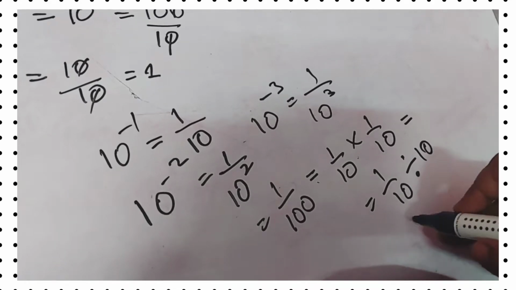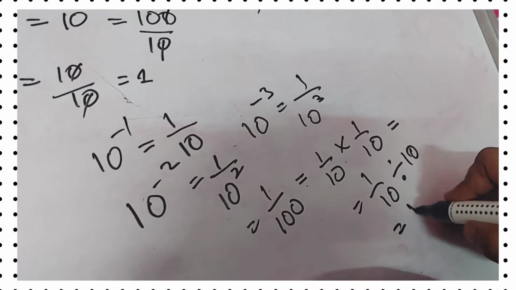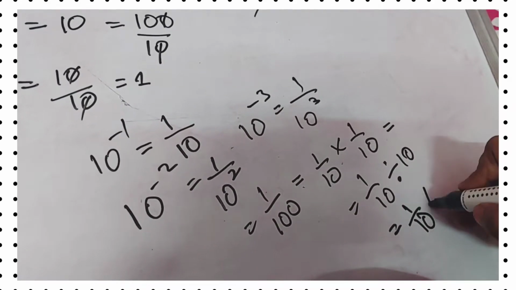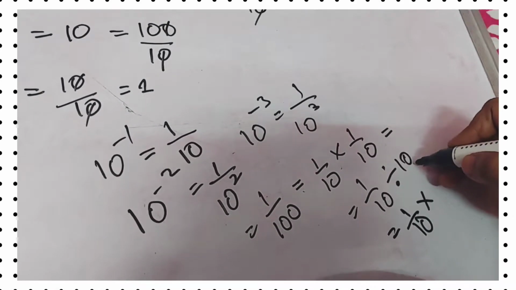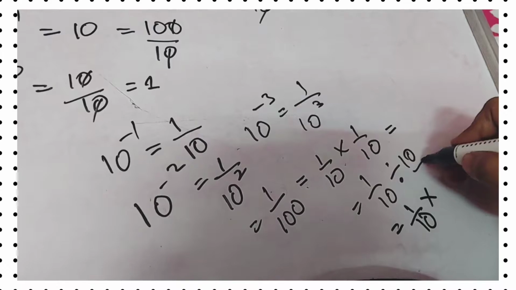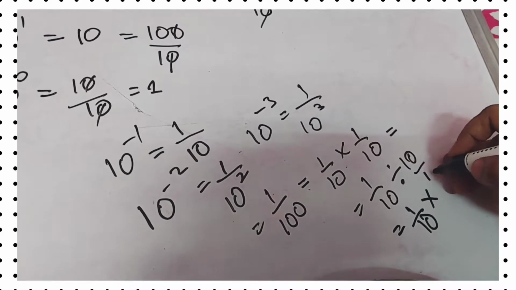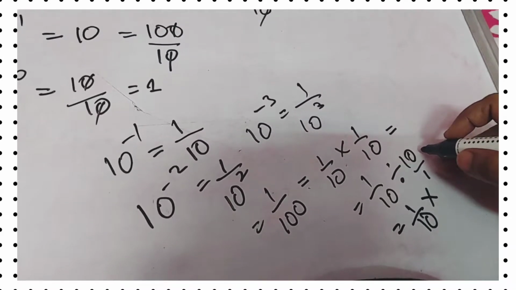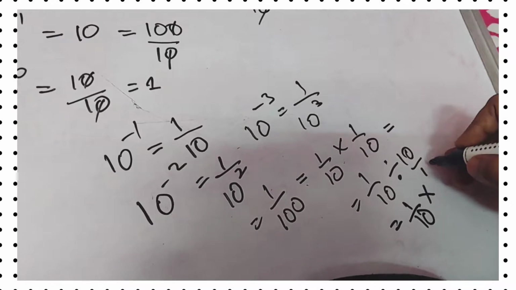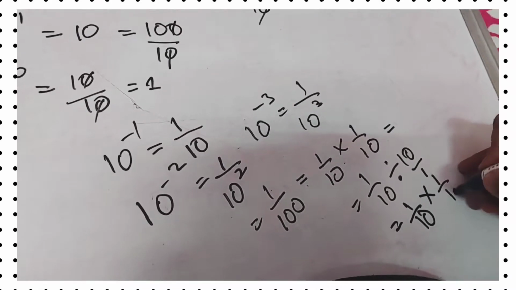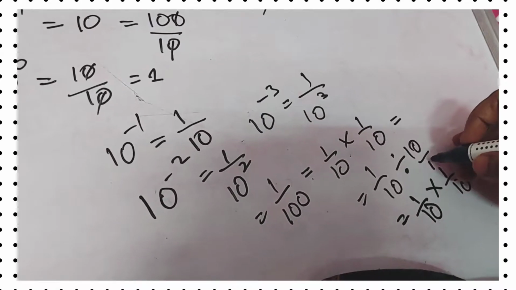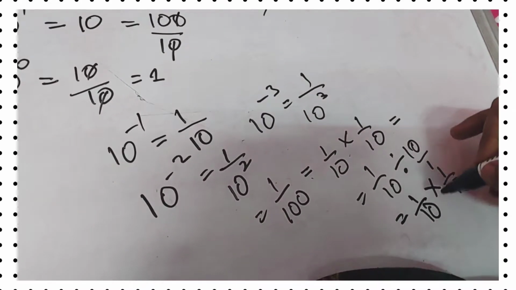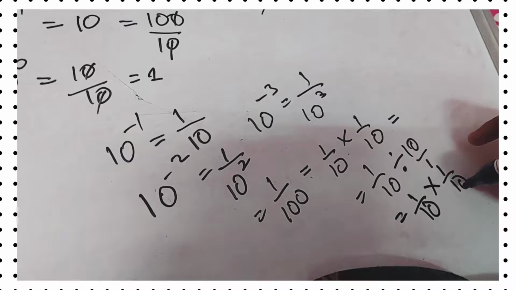You know how to do division in fractions. 1 by 10 divided by 10 means 1 by 10 into the reciprocal of this. You have to change the denominator to numerator and numerator to denominator. This you write as again 1 by 10. If no number is there in the denominator, you have to take 1. It is 1 by 10 into 1 by 10.